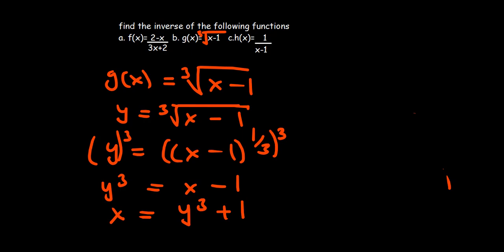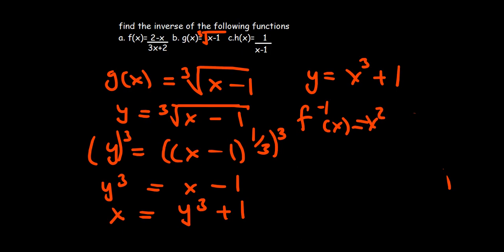Wherever there is x, I will replace it with y, and where there's y, I will replace it with x. So I will have that my y is equal to x cubed plus 1. Then where there's y, I put g inverse of x is equal to x cubed plus 1. So this is my inverse function.